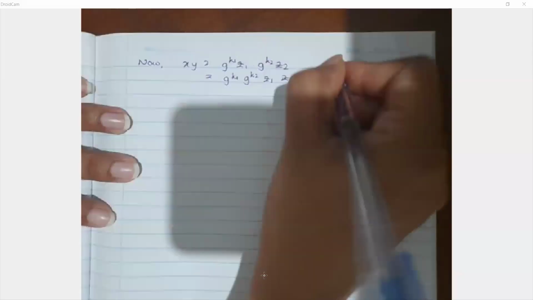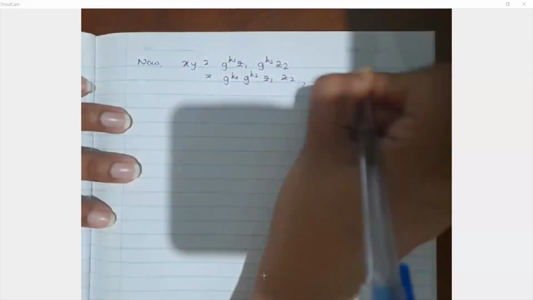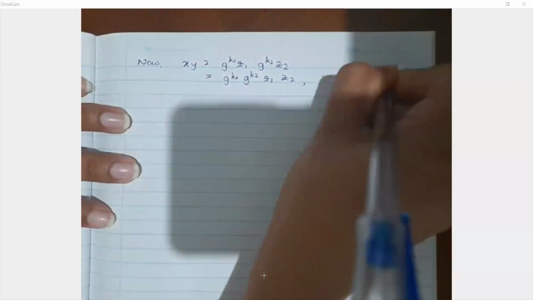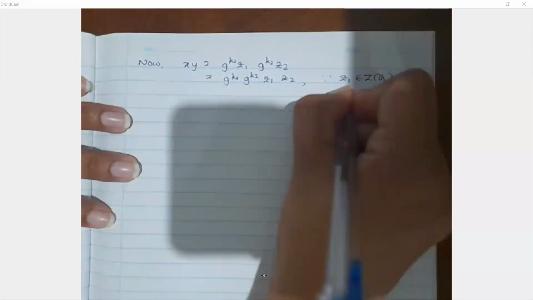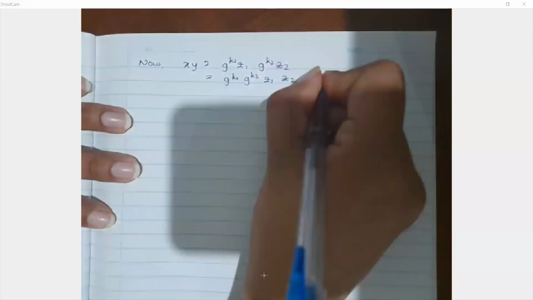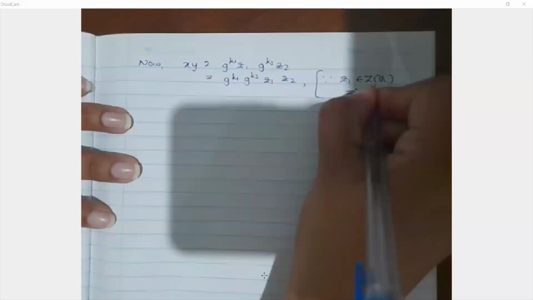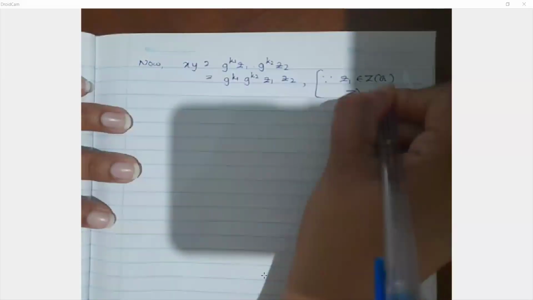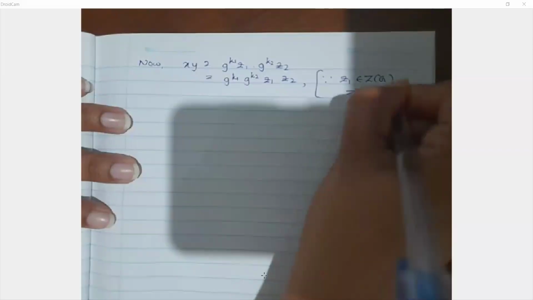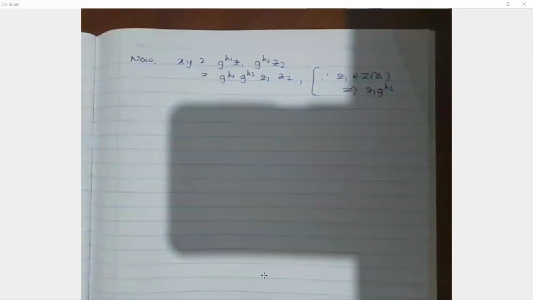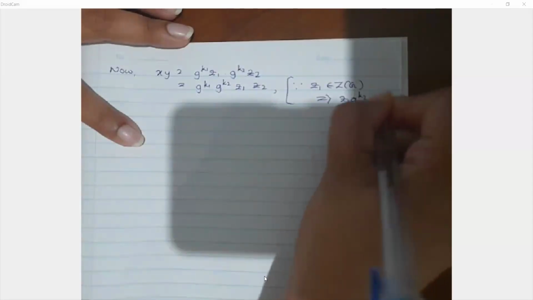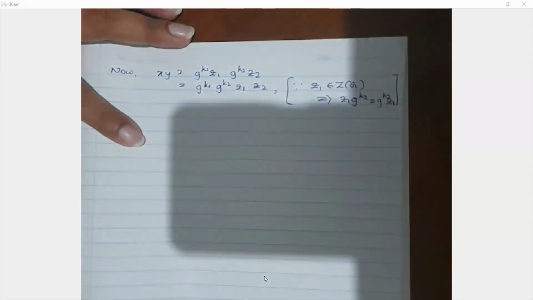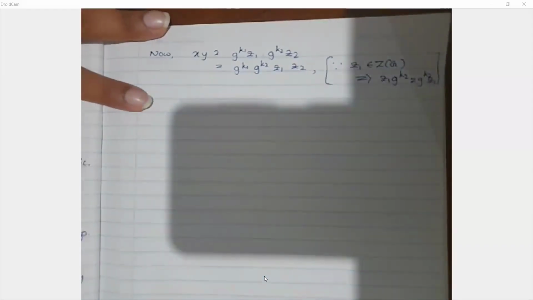So because z1 is in the center, this implies that z1 g^k2 is equal to g^k2 z1, by definition of the center.